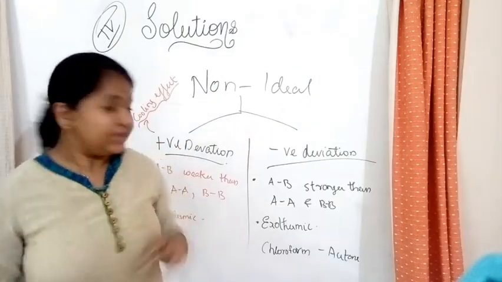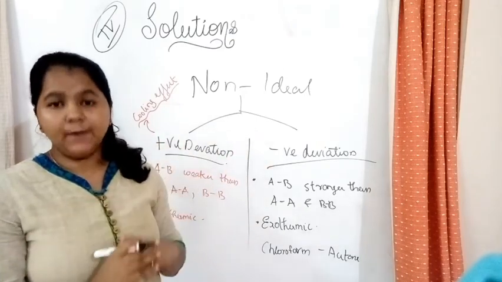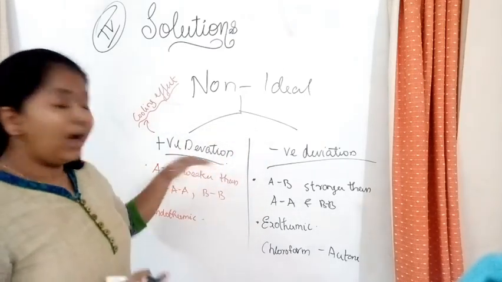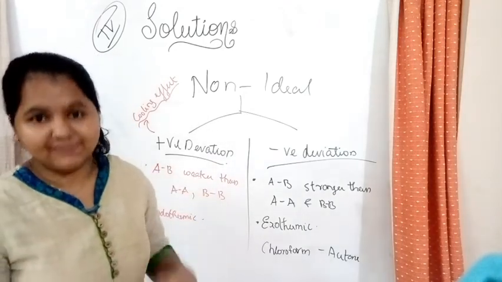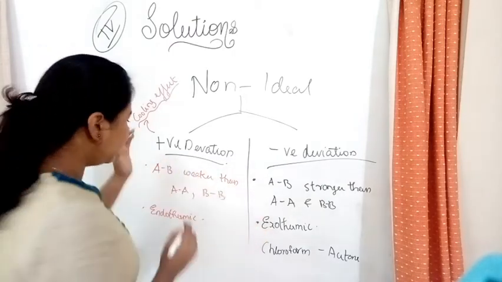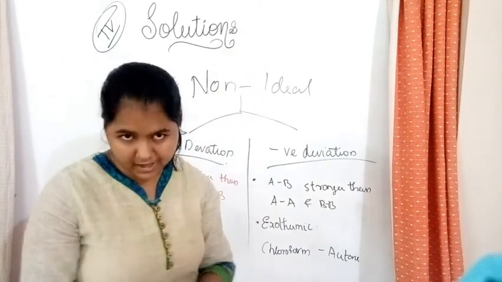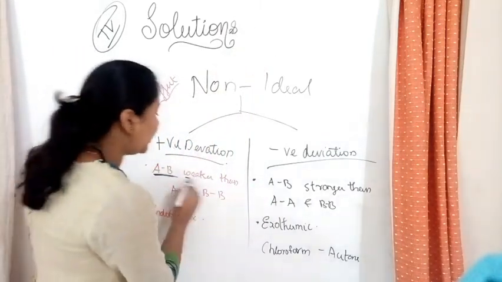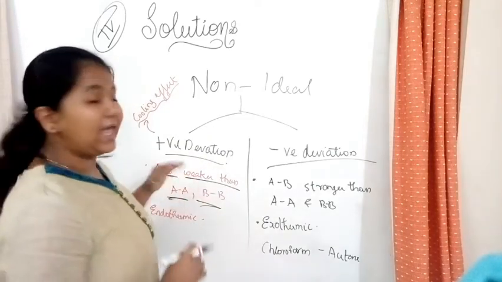As I told you, the positive deviation has a positive difference between the vapor pressures. I'm talking about the molecular-level reason for the positive deviation. The AB interactions, when the solution is made, are weaker than the AA or BB interactions.